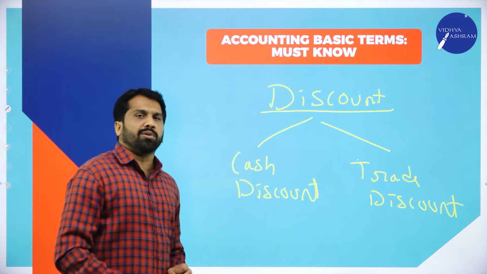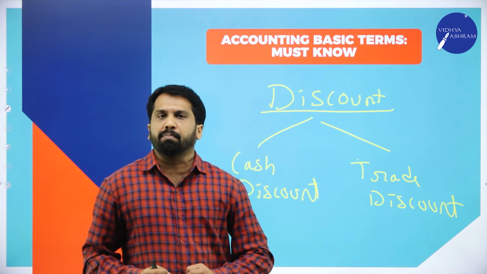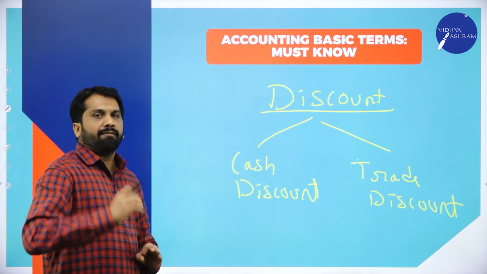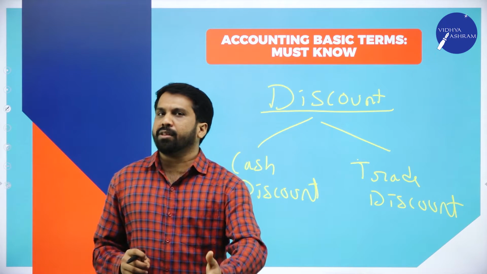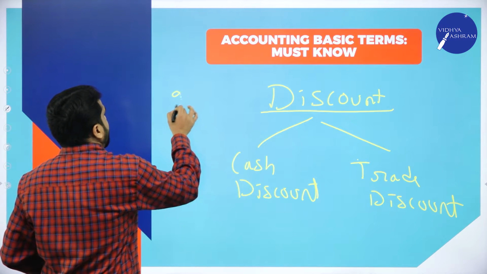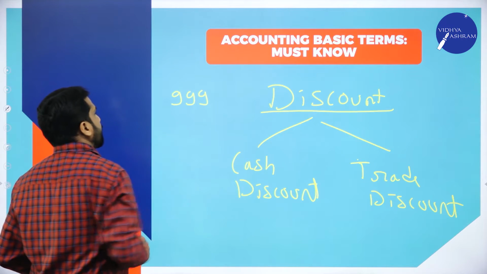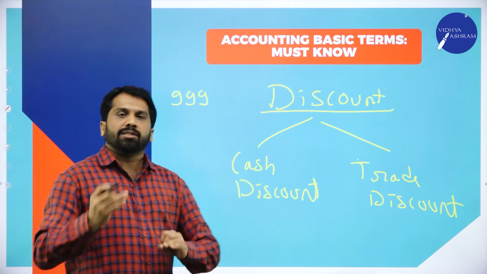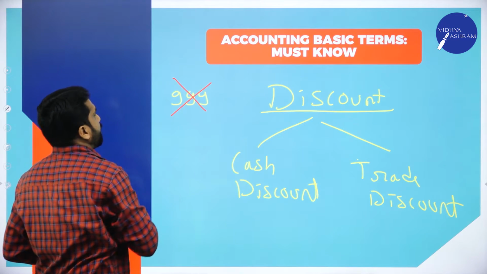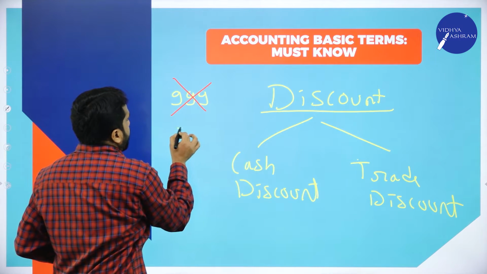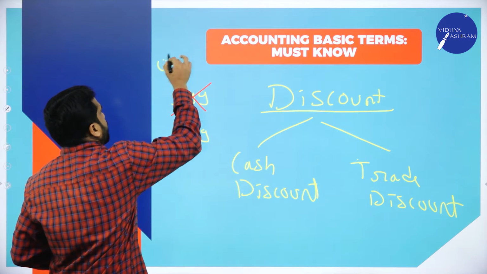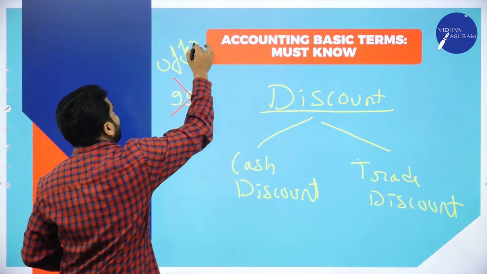Now, if you go to any mall or shopping complex, they will market the goods like, for example, you want to purchase some cloth. So they will write the price of the goods or cloth is $9.99. Below that they will write $5.99 with offer price.